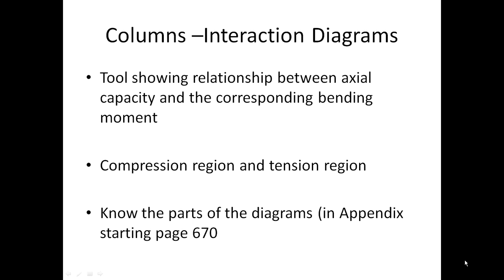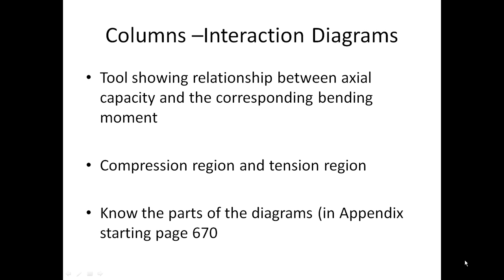Basically, the interaction diagram is just a collection of points, and each point is represented by an XY ordinate pair. The value for the X ordinate represents the bending moment capacity, and on an interaction diagram you'll see that the X-axis is basically the bending moment axis, and the Y ordinate represents the corresponding axial compression capacity, and again on an interaction diagram you'll see that the Y-axis is the axial load axis basically.